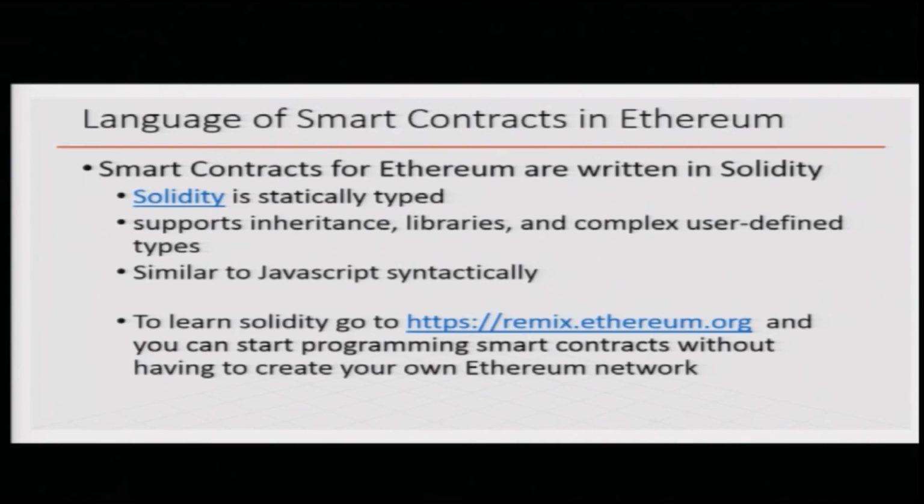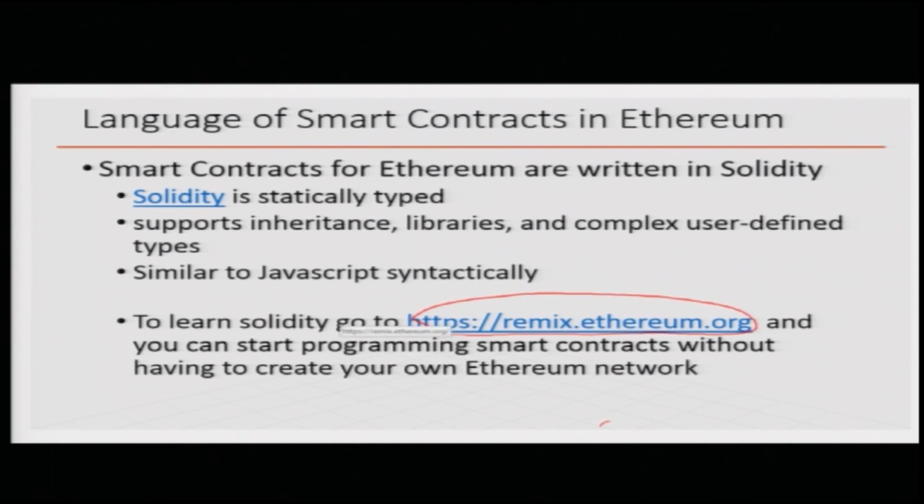And as I said in the very beginning of this course, we are not really teaching smart contract programming, but I will give you some pointers as to where you can start learning about Ethereum smart contract programming. So you can, for example, go to Remix, at ethereum.org, and start programming smart contracts.